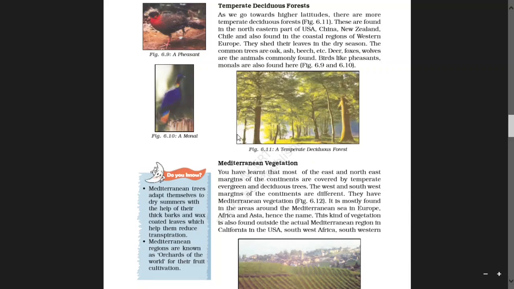You have learned that most of the east and northeast margins of the continents are covered by temperate evergreen and deciduous trees.